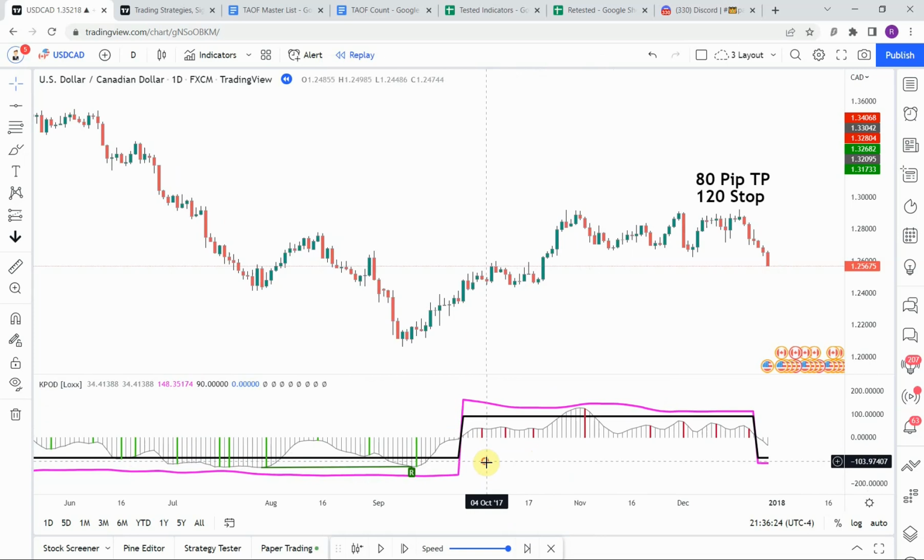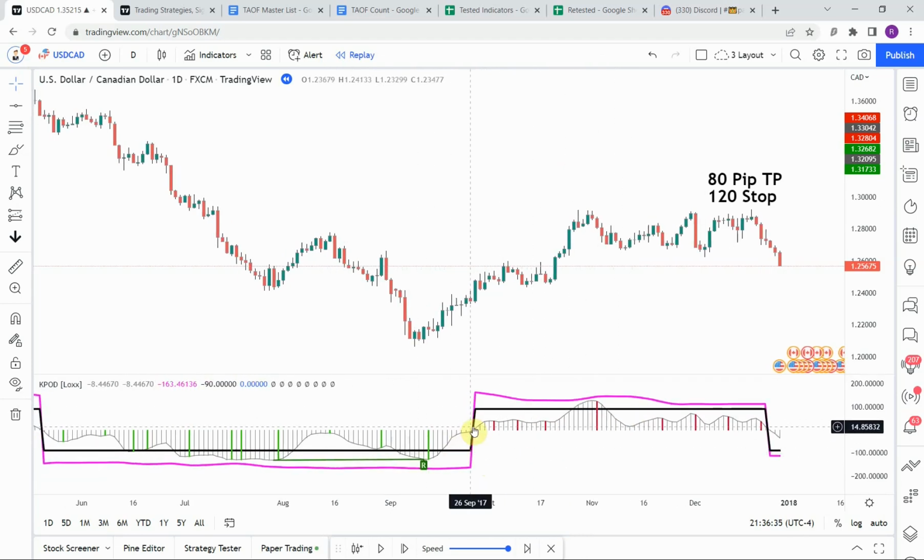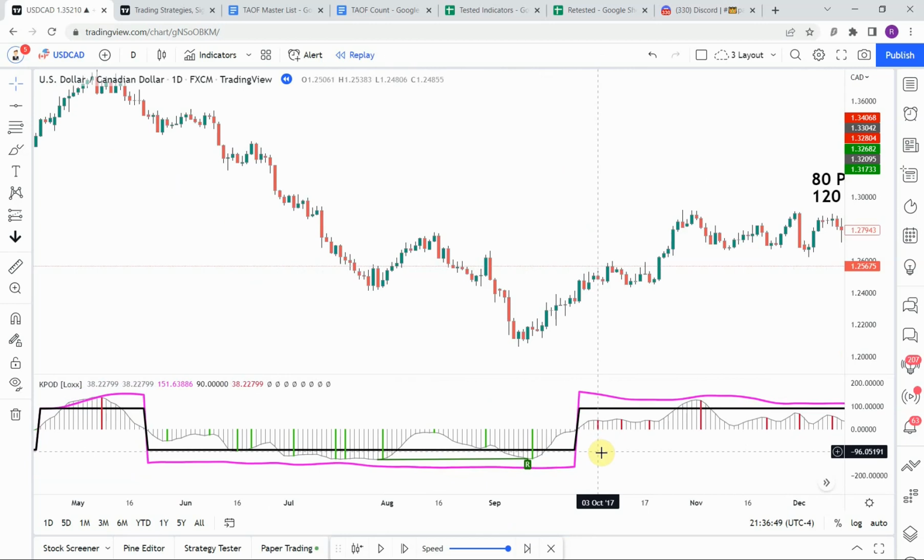And so what those identify is when the gray oscillating line that is creating the histogram here, as it is breaking above the 0 mark, it is taking these two lines with it. The minimum and the maximum peak will switch to the upside when it breaks above the 0.